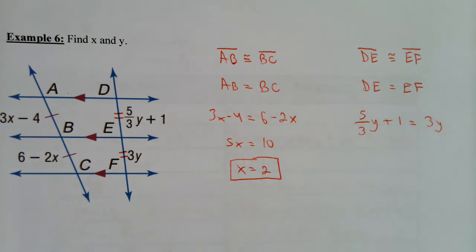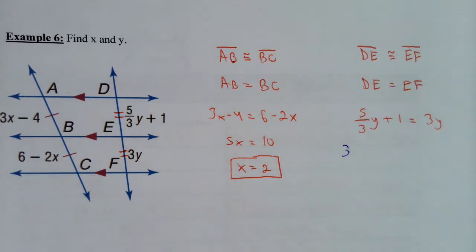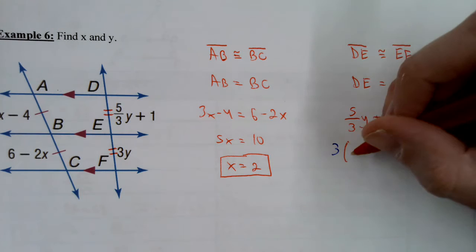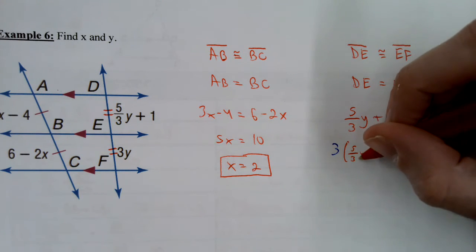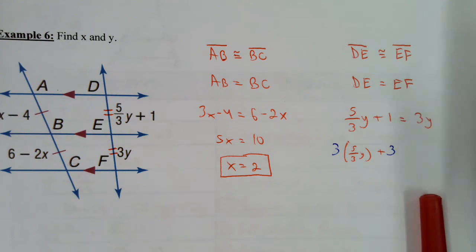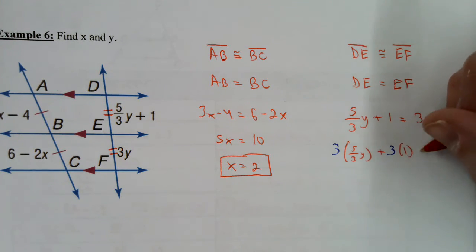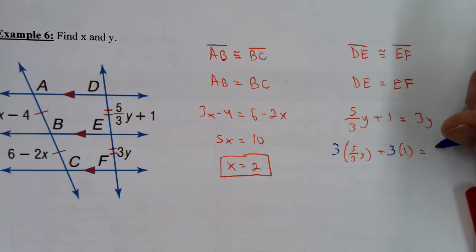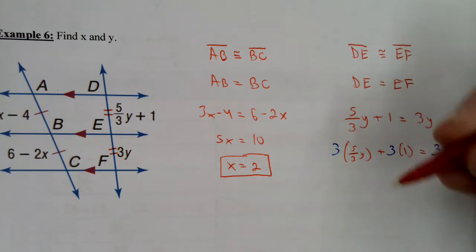Now, this might be a little tricky, but if you want to get rid of the fraction, you're going to have to multiply everything by 3. So you're going to have to do 3 times the first term plus 3 times the second term equals 3 times the final term.